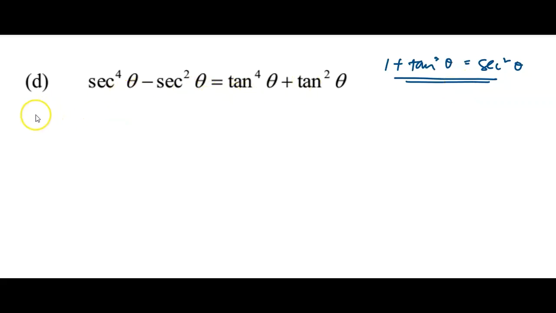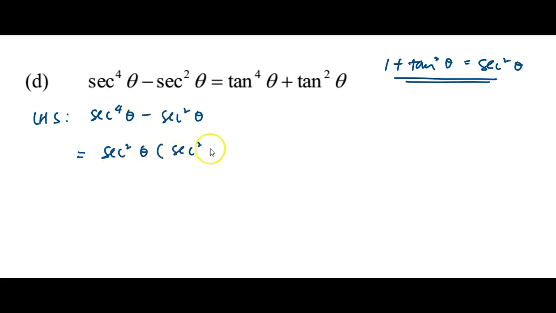So for this question, you can prove either from the left side to right or right side to left. Both are fine. For this example, I'm proving from the left hand side, hoping to get to tangent power of 4 plus tangent square. Looking at secant power of 4 minus secant square, I factor out the secant square.